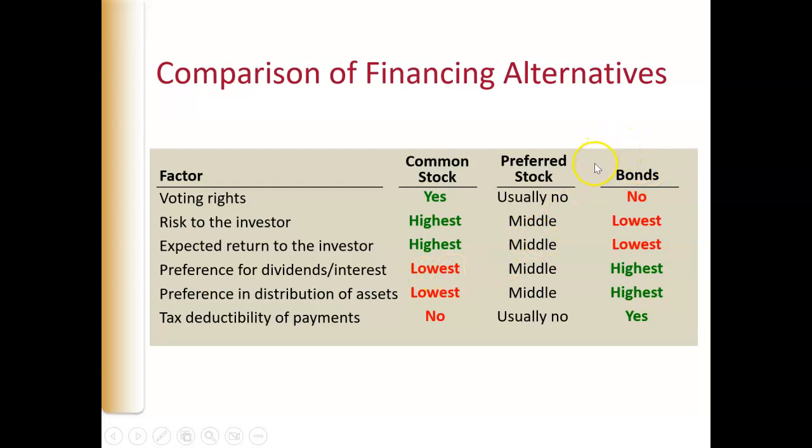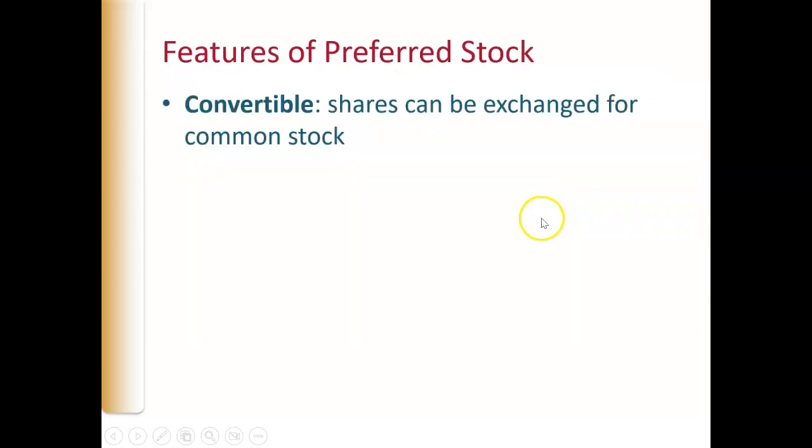So bonds are a way in which companies can finance expansion, and those bondholders have absolutely no voting rights. They don't own a piece of the company. It's a very low risk, but the reward is just low too. It's an interest rate. Okay?